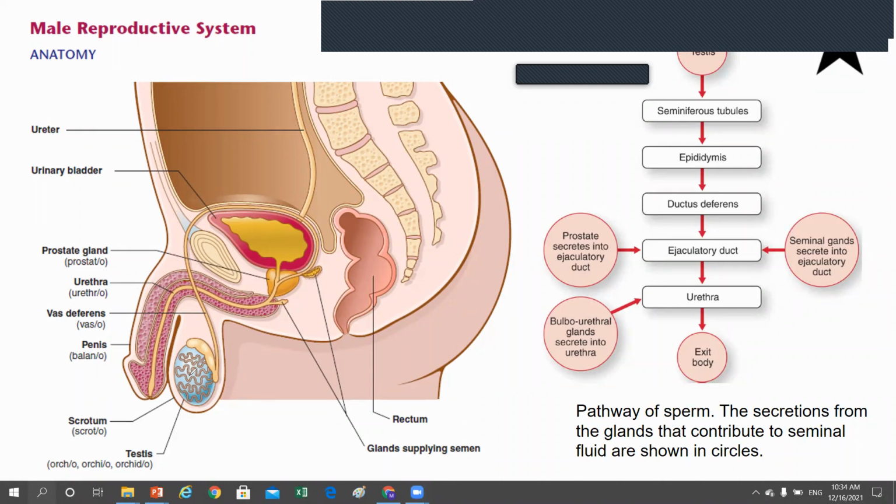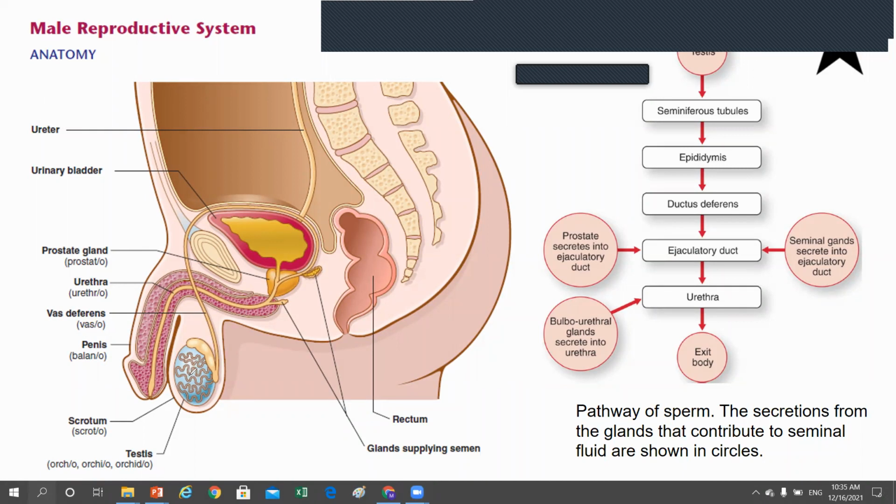Basically, sperms are the living cells which carry all the information of our body from our father's side, from the male side. Each sperm, like the ovum in the female system, is mature.